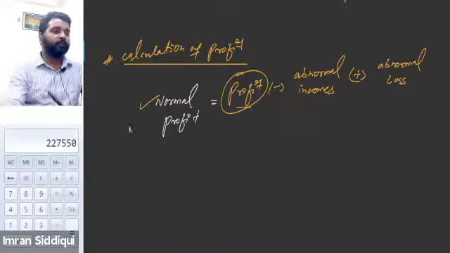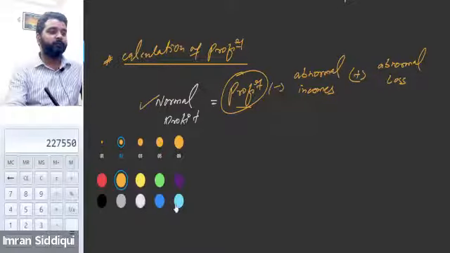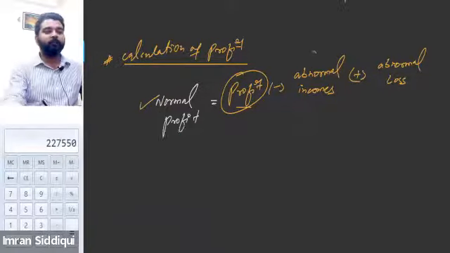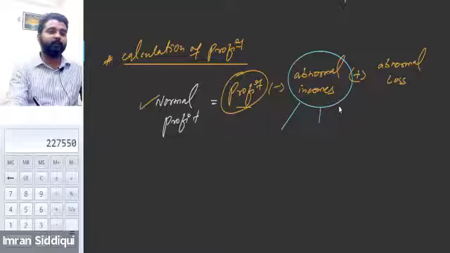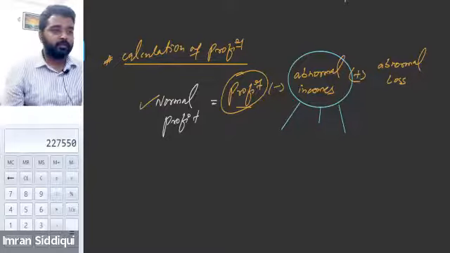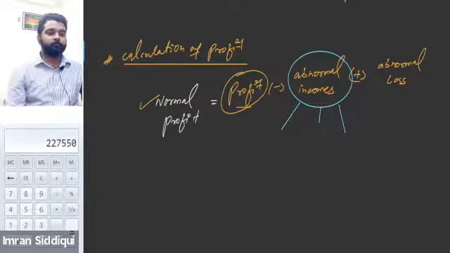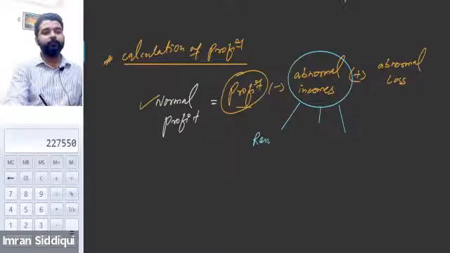Okay. Now the question arises, sir, what kind of incomes are treated as the abnormal income? I don't want anyone to write anything. I'll give you some extra time to note down everything, but just focus on understanding the things. So what incomes are considered as the abnormal incomes? Abnormal incomes are incomes such as rent received.